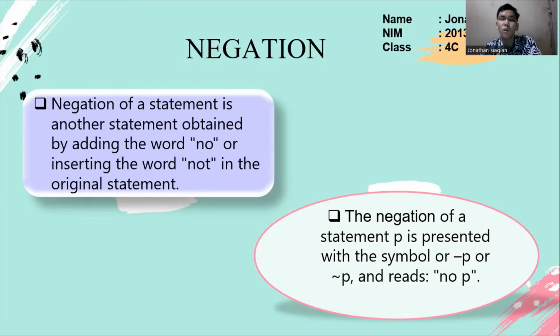And next we want to discuss the definition of negation. Negation of a statement is another statement obtained by adding the word no or inserting the word not in the original statement. The negation of statement P is represented with the symbol converse.